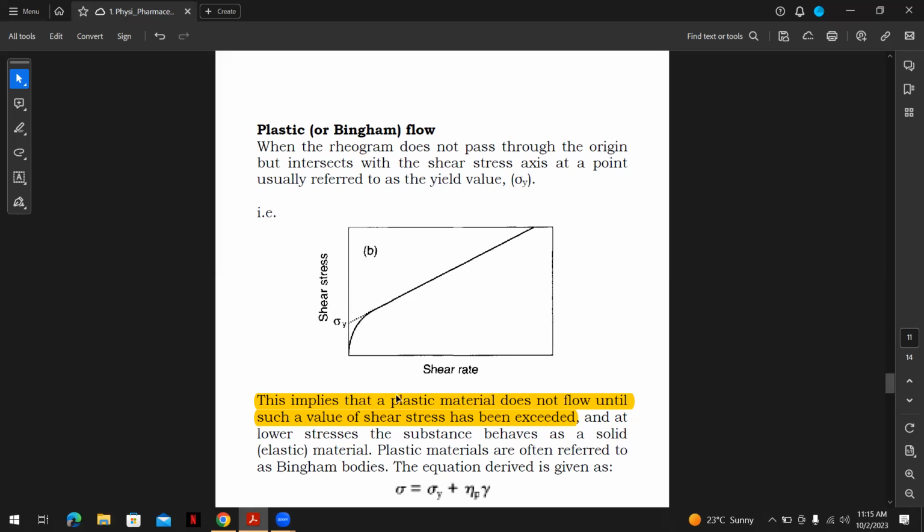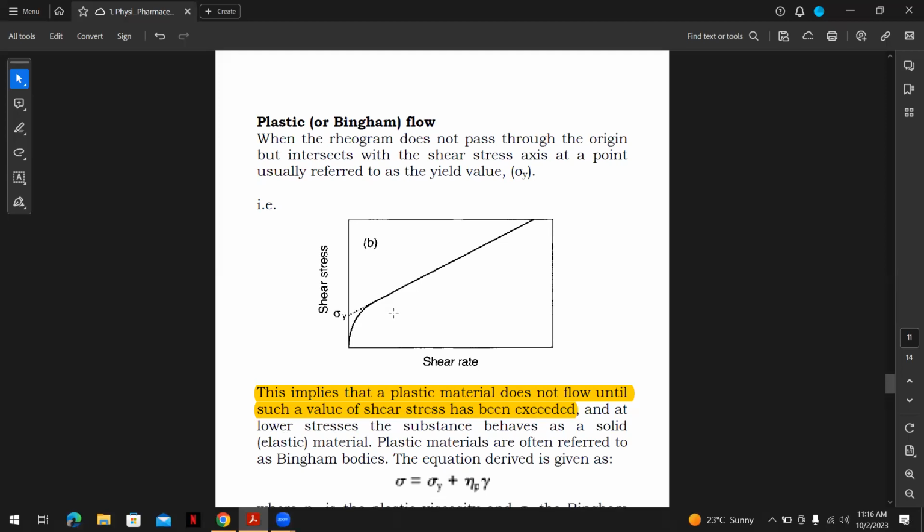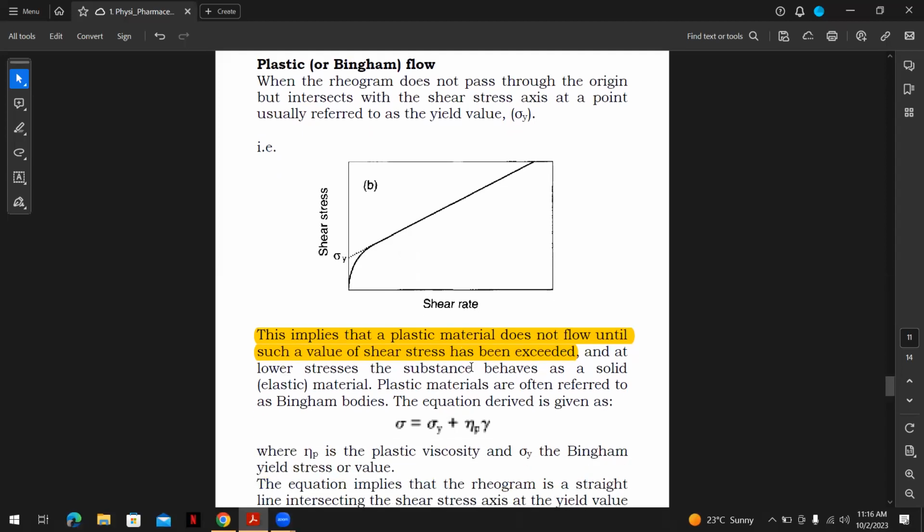So this implies that a plastic material does not flow until a shear stress value, the yield value, has been exceeded. That's when the plastic material will flow. At lower stresses, the substance behaves as an elastic solid, so it doesn't flow. These plastic materials are often referred to as Bingham bodies.